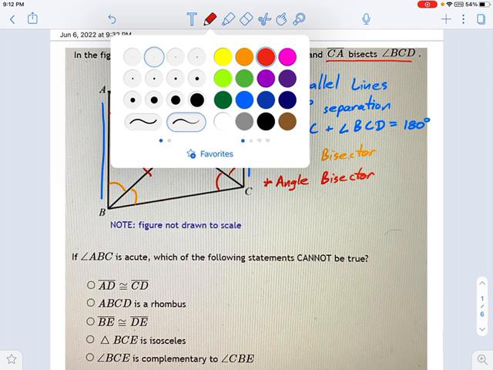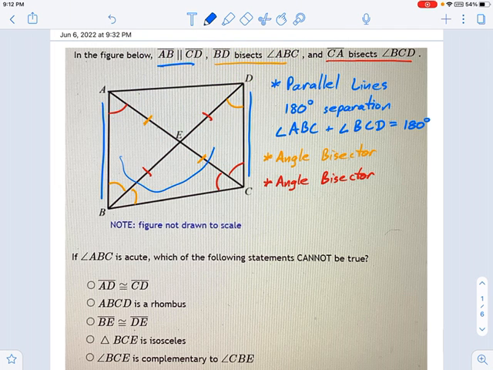Remember when I said that the sum of all these angles equals 180 degrees? Well, let's take a look at this equation right here. And I'm going to divide that equation by 2. Seems kind of weird, but watch what happens. 1/2 of angle ABC plus 1/2 of angle BCD equals 90.